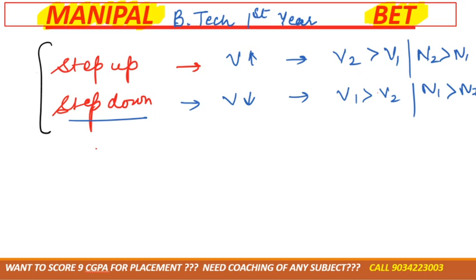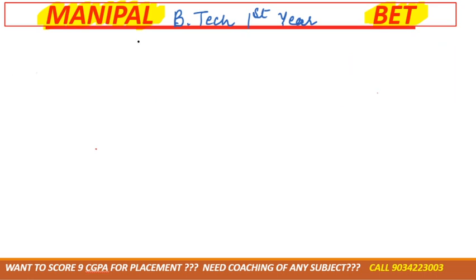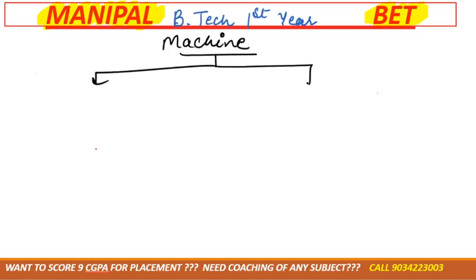Next topic is applications. They are asking about applications of the transformer. For DC and induction, ask the principal application. Okay. So now see, basically we start with the machines. One is the AC machine, right?